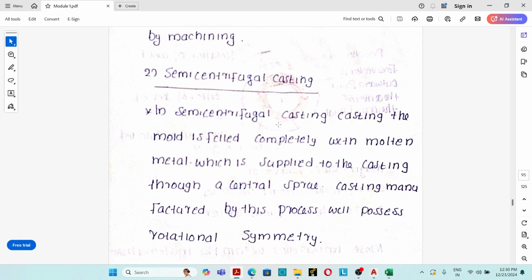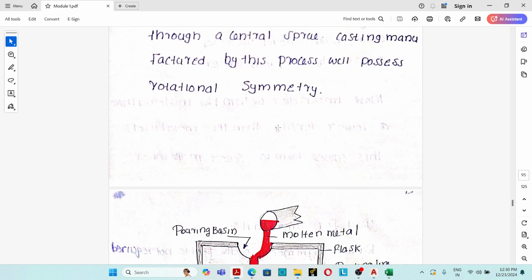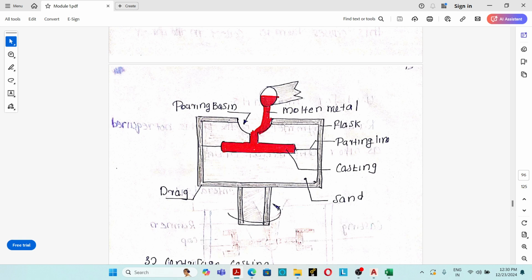The second one is the semi-centrifugal casting process. This is a figure of the semi-centrifugal casting process. In semi-centrifugal casting, the entire mold cavity is completely filled with molten material through a central sprue, and after that the mold rotates and the casting solidifies.